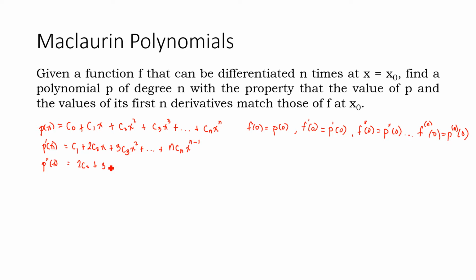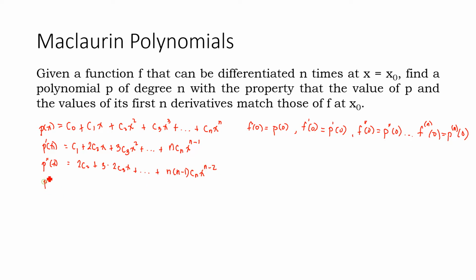3 times 2 c sub 3 x squared, plus so on, plus you have n times n minus 1 c sub n x raised to n minus 2.